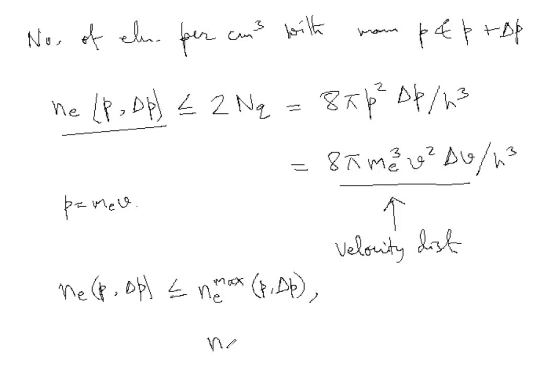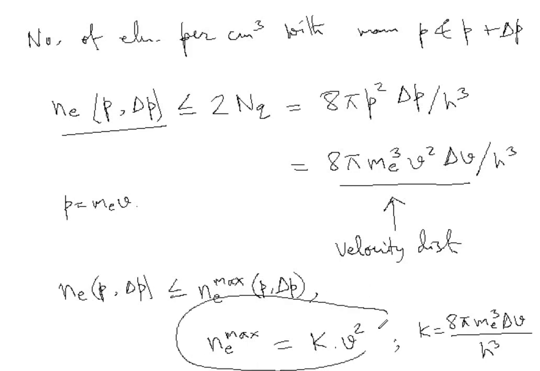Basically Ne max is equal to some constant K into V square. What is this K? This K is basically 8 pi me cube delta V divided by H cube. Okay, so this is what I am observing. This is our result.